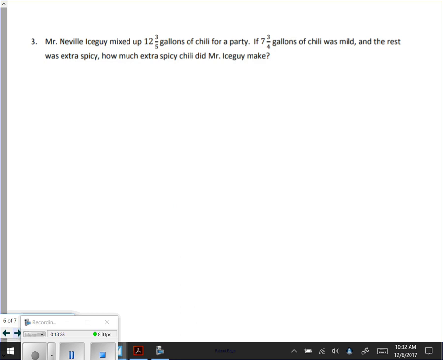Mr. Neville Ice Guy mixed up 12 3/5 gallons of chili for a party. Chili. That's a lot of chili. If 7 3/4 gallons of chili was mild and the rest was extra spicy.